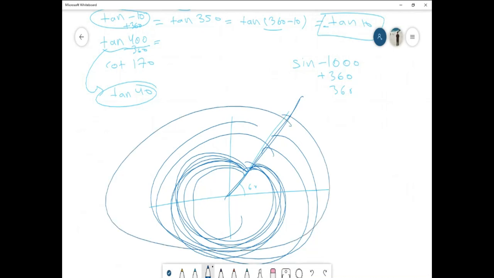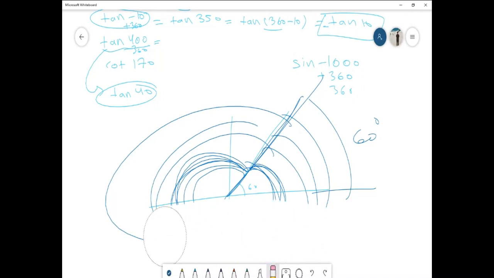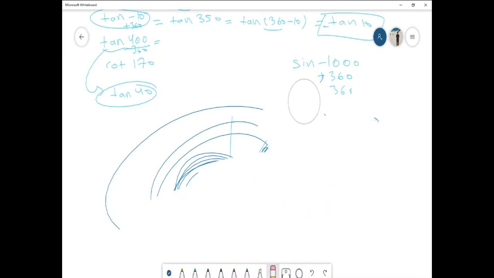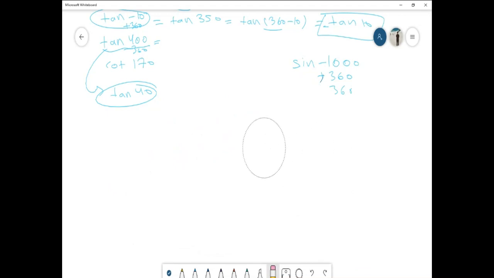So it is the same thing. I rotate as much as I want, it will come to the same place. It is always 60 degrees. Rotate like this, or backward, like this. Backward means subtracting 360. It will come to the same place. So it doesn't make any difference. It is always 60 degrees. Okay, did you understand? Yes.